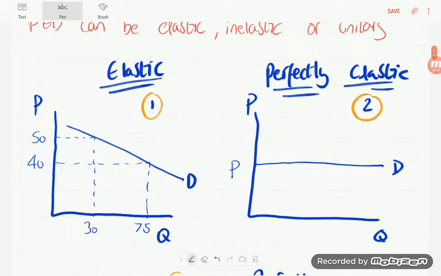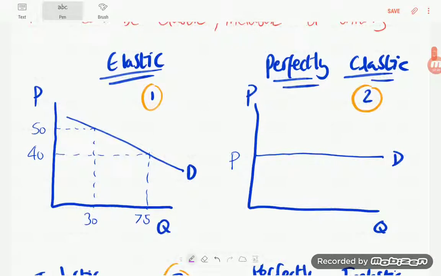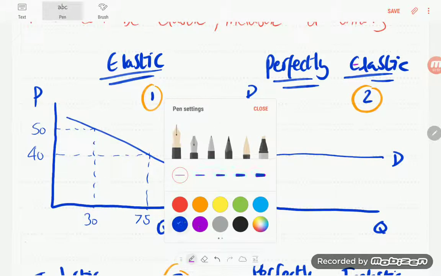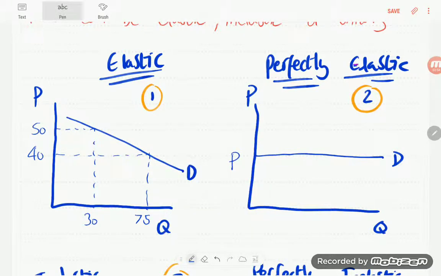So we can see here with the elastic diagram that the demand curve is fairly shallow, fairly flat. In comparison, when it's perfectly elastic, the demand curve is perfectly flat.